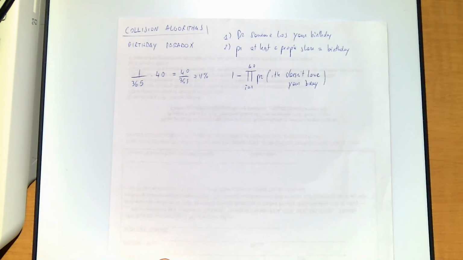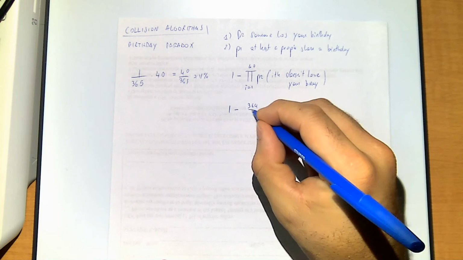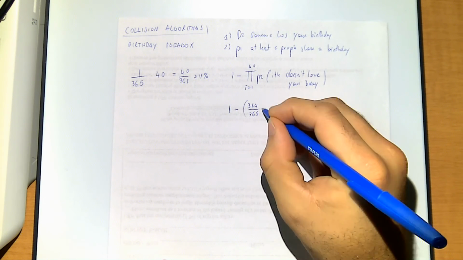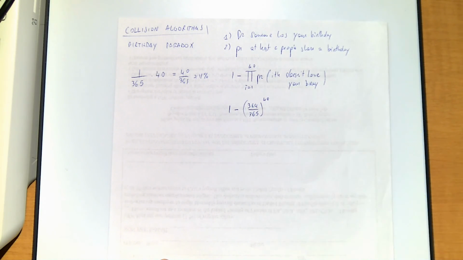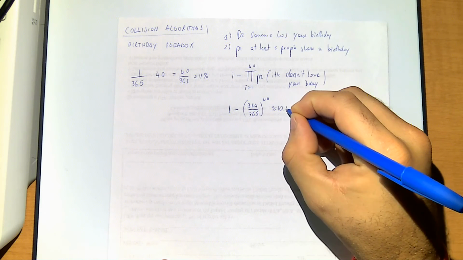Of course, every person has the exact same chance of having your birthday or not. If the chance of having your birthday is 1 over 365, then the chance of not having your birthday is 1 minus that. So it's 1 minus (364 over 365) to the power of 40. And now if you do that, you get approximately 10.4%.